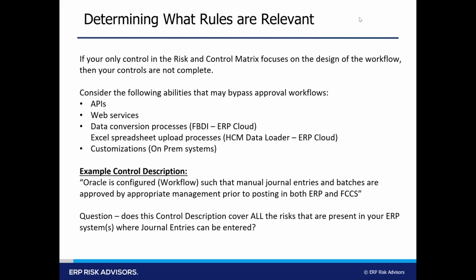Or maybe there's an integrated solution you're using that has an Excel front end that is using APIs, and then customizations and on-prem systems. So there are risks associated with certain privileges that are not governed by workflow process, and therefore we would argue that there needs to be a separate set of controls that would address these risks.